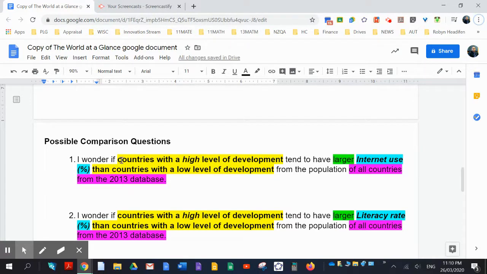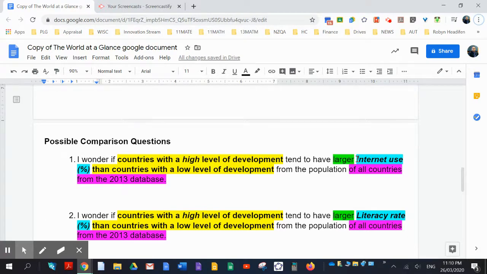I wonder if countries with a high level of development, see how explicit I am? I'm not being cheap. I'm writing it fully down, and I've got the word tend, which shows I'm going to do a tendency or a movement. And I've chosen to do my direction as larger. I could have done smaller. Depends on how you word it.